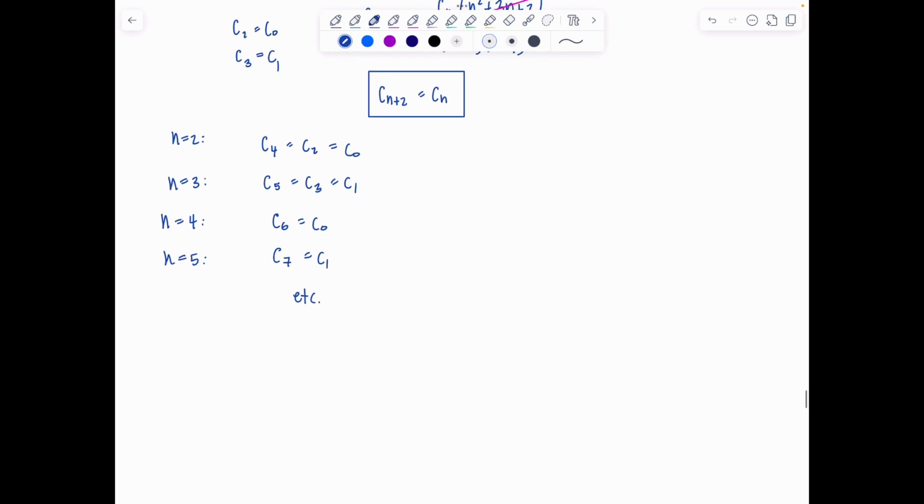You only needed to list the first 4 terms for each linearly independent solution. So y equals, you always have C0 x to the 0 plus C1 x to the first plus C2 is C0 x squared, C3 is C1 x cubed. Keep it going, just alternate. C0's on the evens, C1's on the odds.